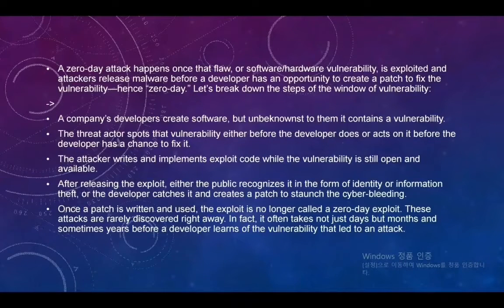These attacks are rarely discovered right away. In fact, it often takes not just days but months and sometimes years before a developer learns of the vulnerability that led to an attack.